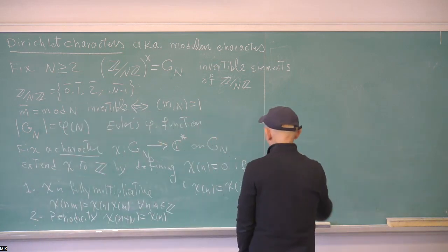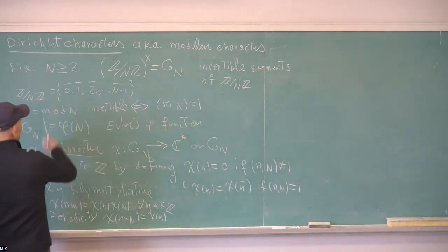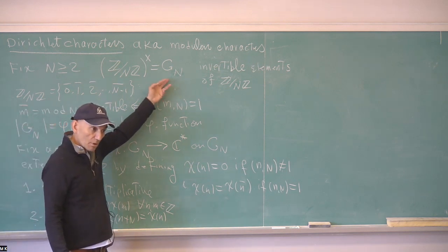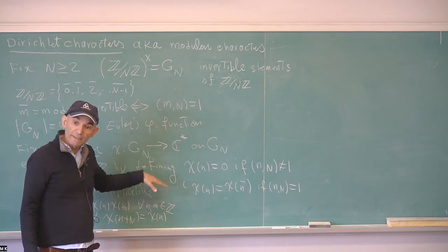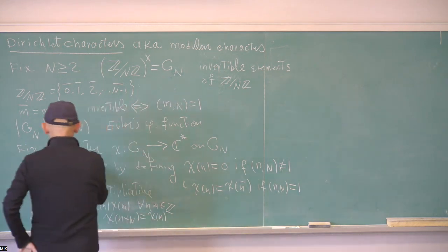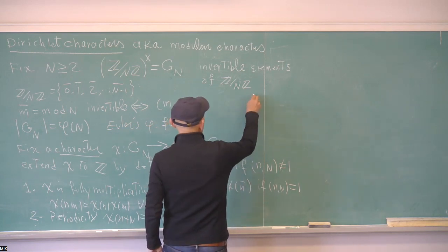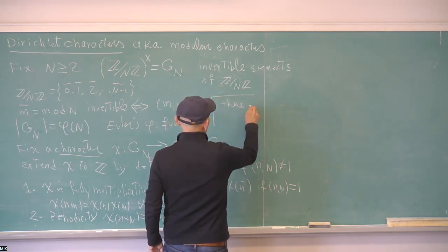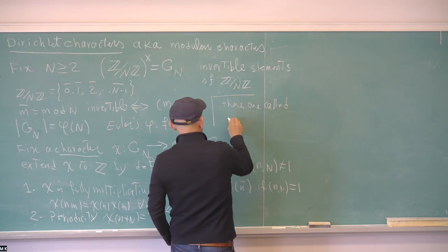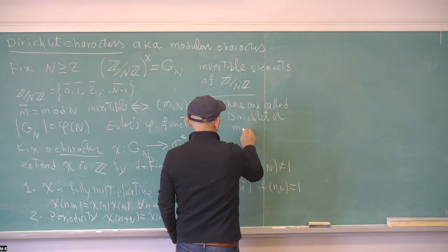That's because we defined it modulo capital N. So these things are called Dirichlet characters, either in the original incarnation as a character on Gn, or the way it's extended on Z, we call it Dirichlet characters. So these are Dirichlet or modular characters.